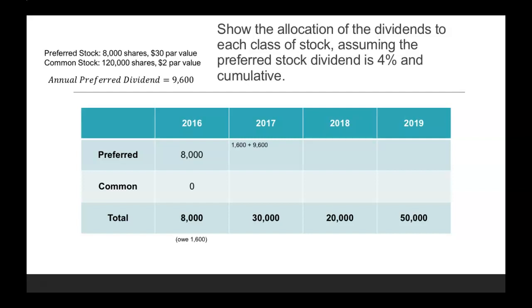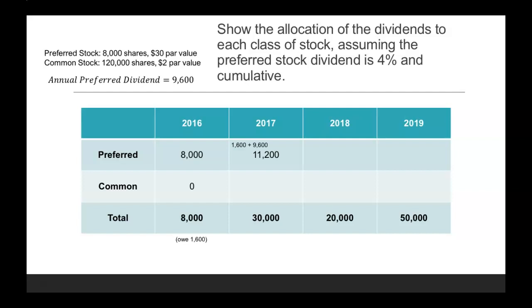That's coming in 2017. So in 2017, we are issuing $30,000 of cash dividends. That's plenty to pay for the $9,600 that preferred is supposed to get, plus the $1,600 that we owe them from the previous year.